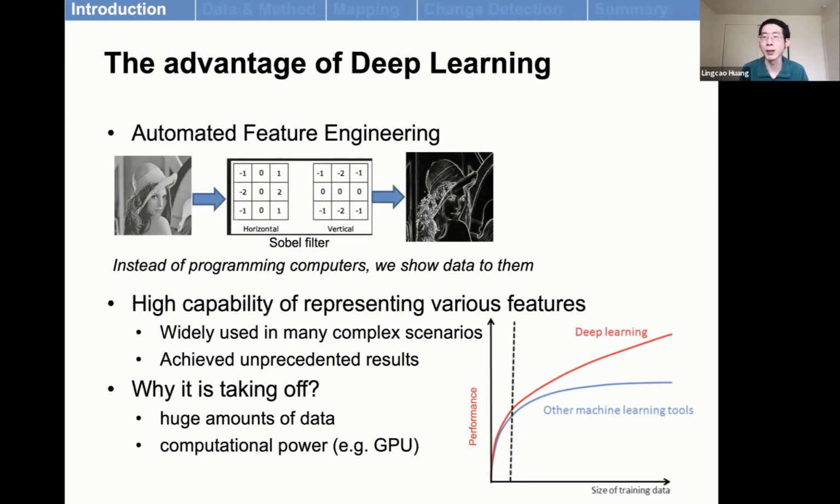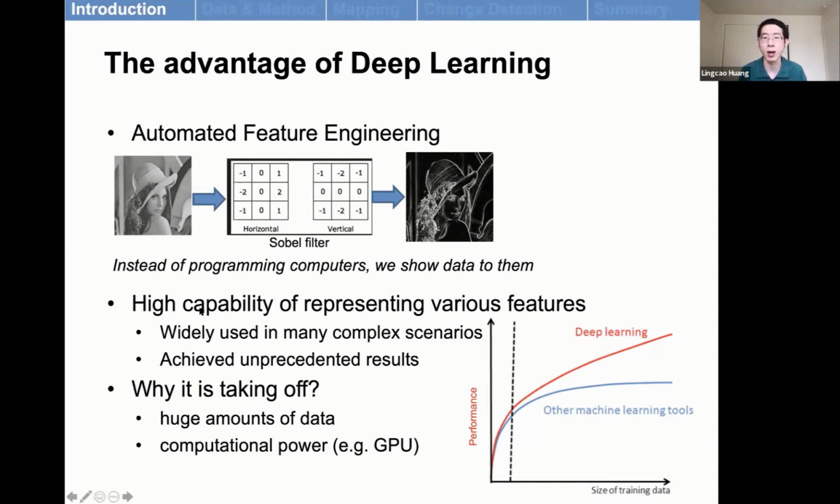Instead of programming the computer to teach it how to do computation, we actually show data to it, and then it figures out how to identify the targets we are interested in. Also, deep learning has high capability compared to other machine learning algorithms.